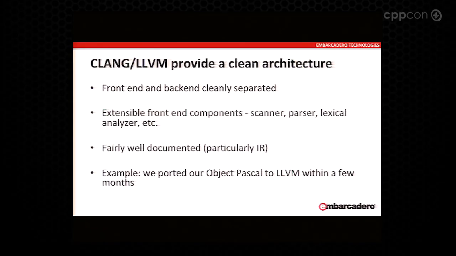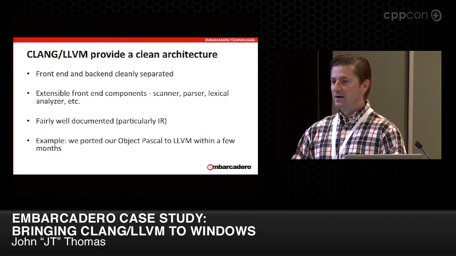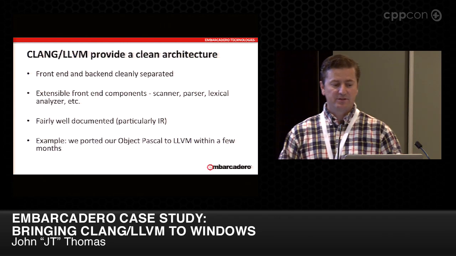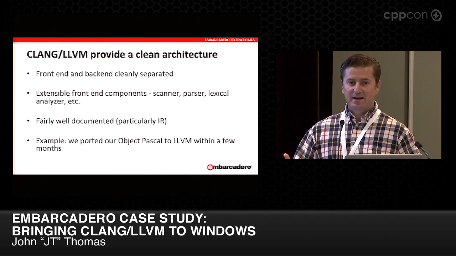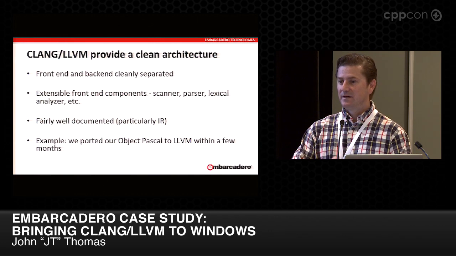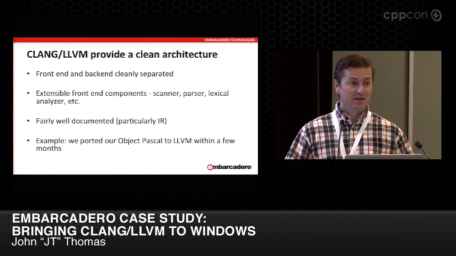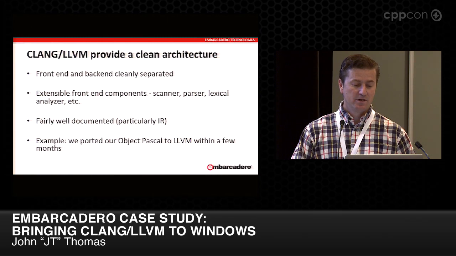So we'll start there. The first thing that the team noticed was that CLANG and LLVM, and I'll use those terms together even though we know they're separate projects, have a very clean architecture. There was concern about using a separate front end and back end because we knew there would be compile time effects, but it was a godsend, really, because it made our work much, much easier, much cleaner.